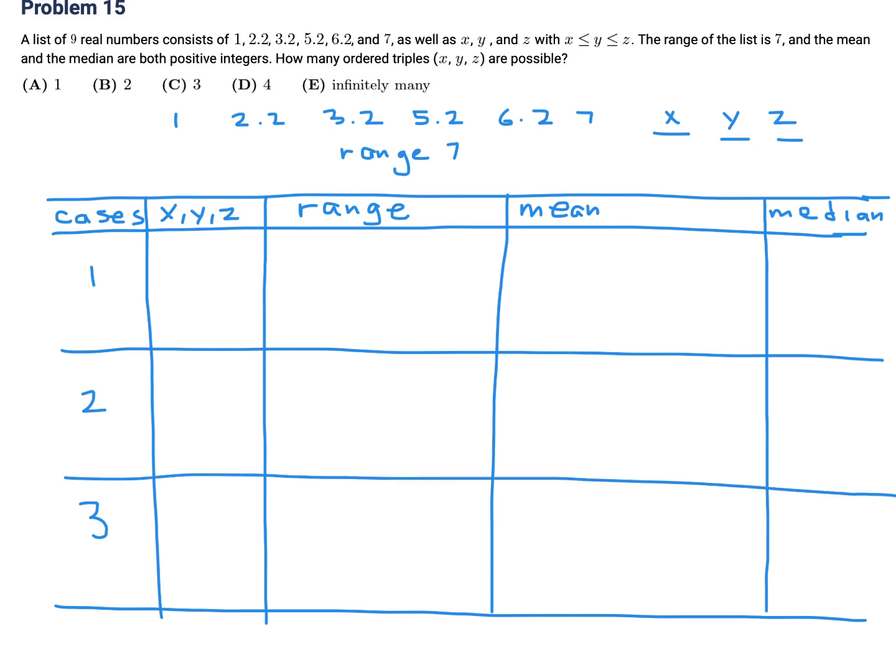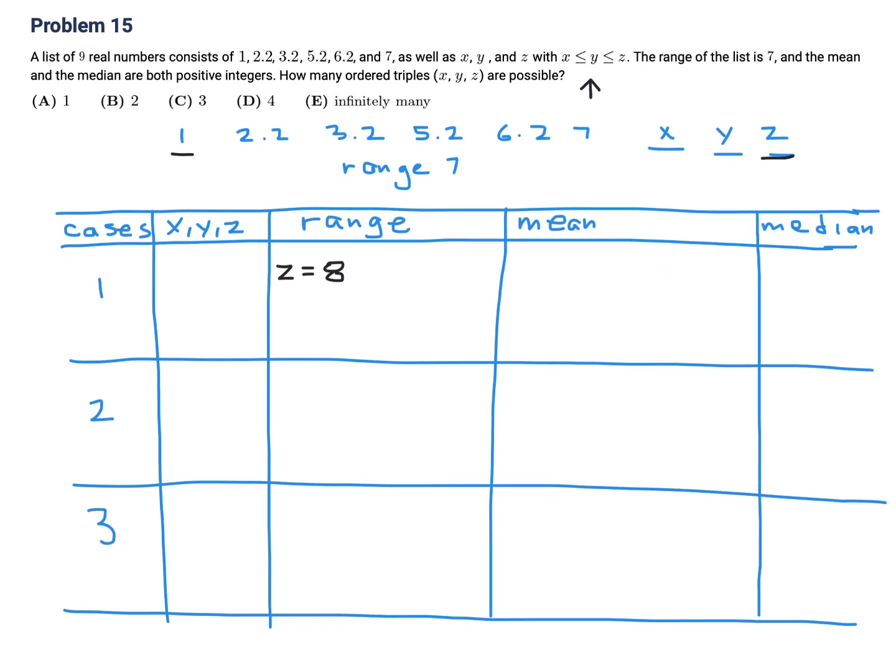So first thing, we want to look at the range. So let's start with z. Let's say if z is my biggest, well, it is. If you look at that inequality, that's actually very important. Z is the biggest. So let's start off with what's the biggest I can make it. I can make it 8 because remember the range from the biggest to the smallest has to be 7, right?